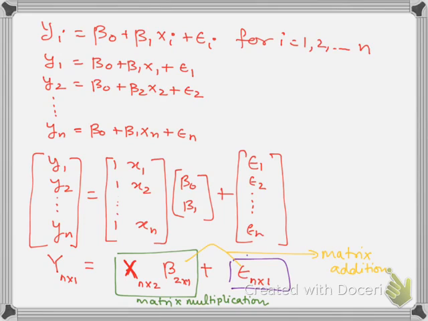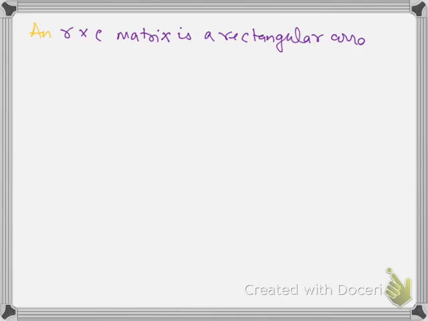So for those of you who are a little bit hazy, what is a matrix? An R cross C matrix is a rectangular array with R rows and C columns.